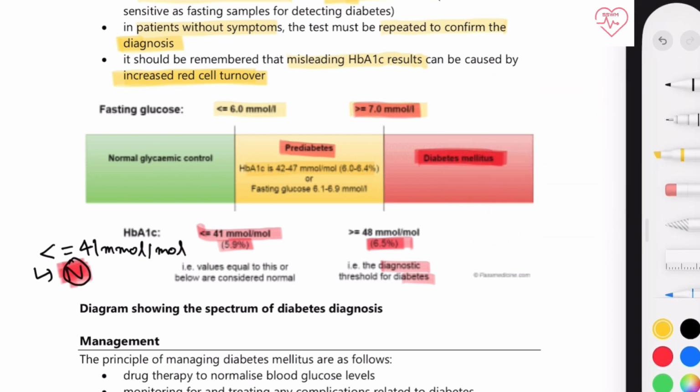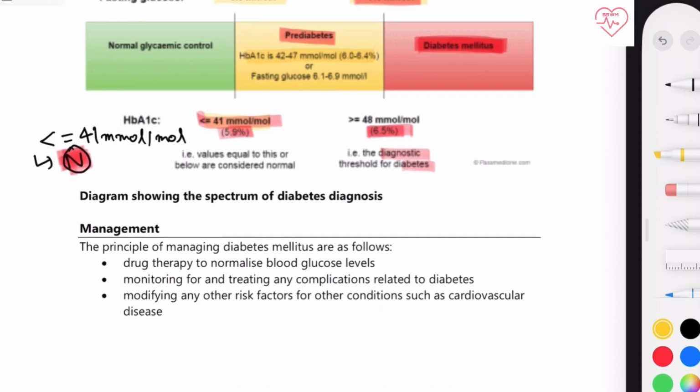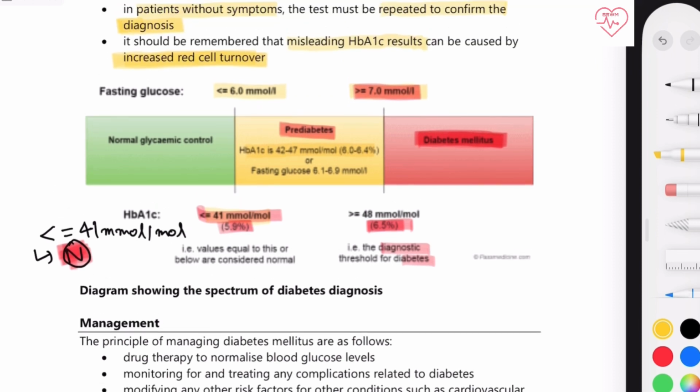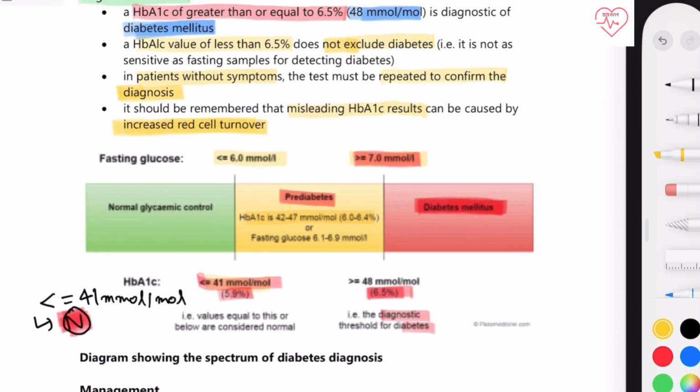Okay, now this diagram shows the spectrum of diabetes diagnosis, as I told you. Let me tell you in a very simple manner: if the HbA1c is greater than or equal to 6.5, that is 48 millimole, it is diagnostic of diabetes mellitus. If it is greater than 7.0 millimole, that is exactly diabetes mellitus.